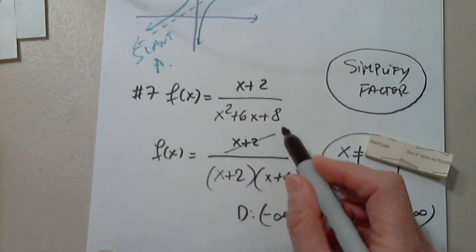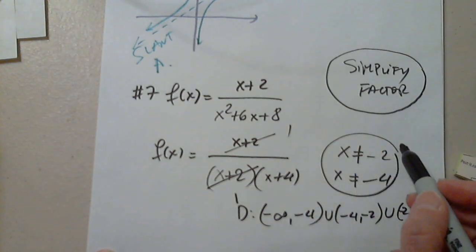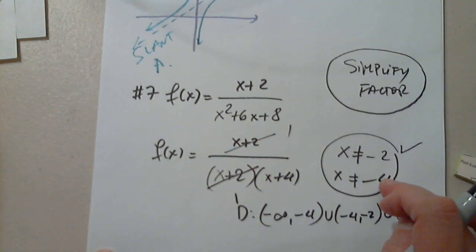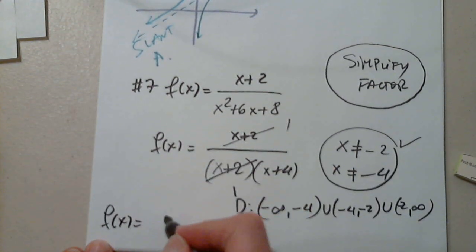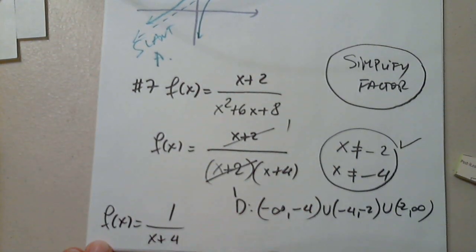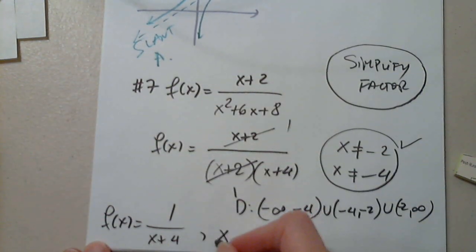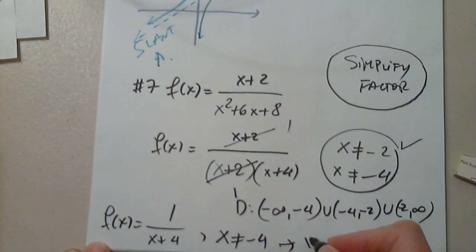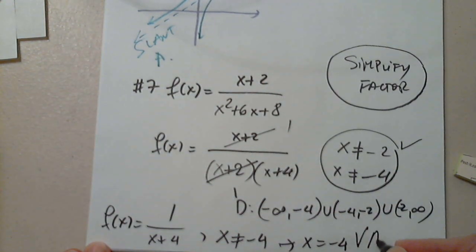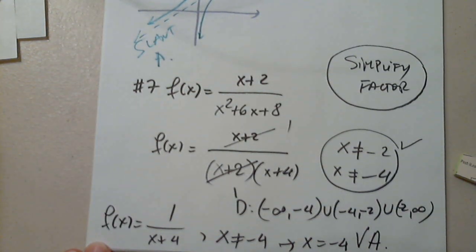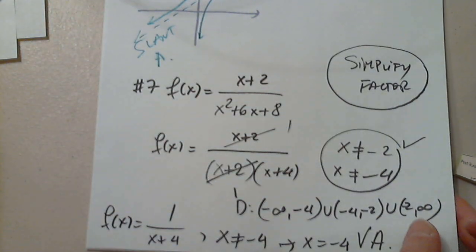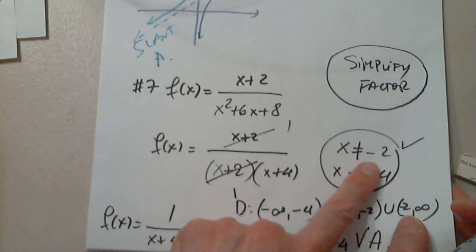Now I am allowed to do this. Only after I stated the restrictions, I am allowed to simplify. Good. So then the function reduces to a very nice function. Which x value is not allowed? Well, negative 4. x equals negative 4 is a vertical asymptote. But what about x equals negative 2? Anyone remembers when the factor disappears, what does that represent?